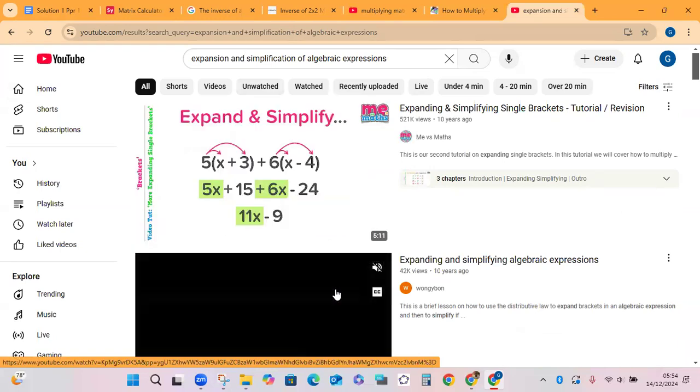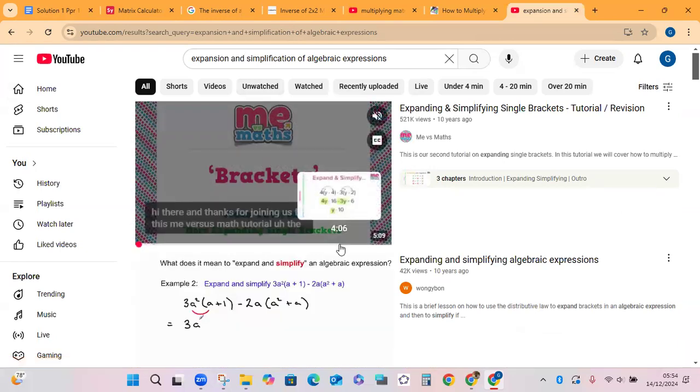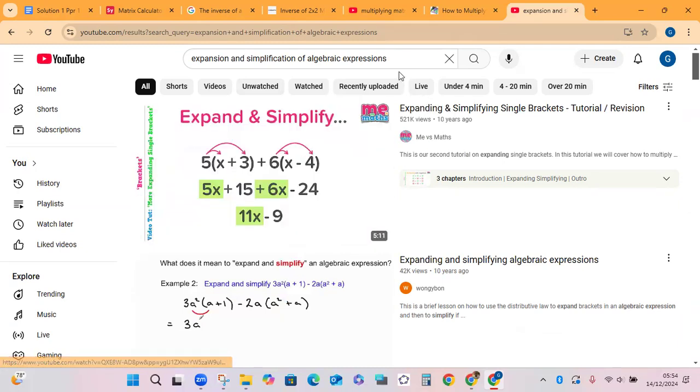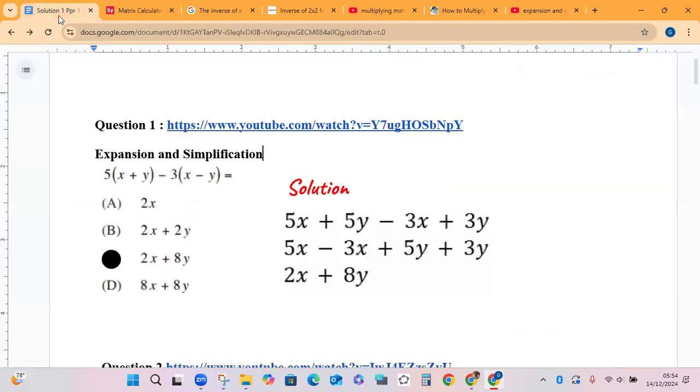You take your pen, you take your paper, and you practice as much as you can. Expansion and simplification of algebraic expressions. So I'm going to put the topics for each of the questions so that you can practice more examples of them using the available resources that are online.